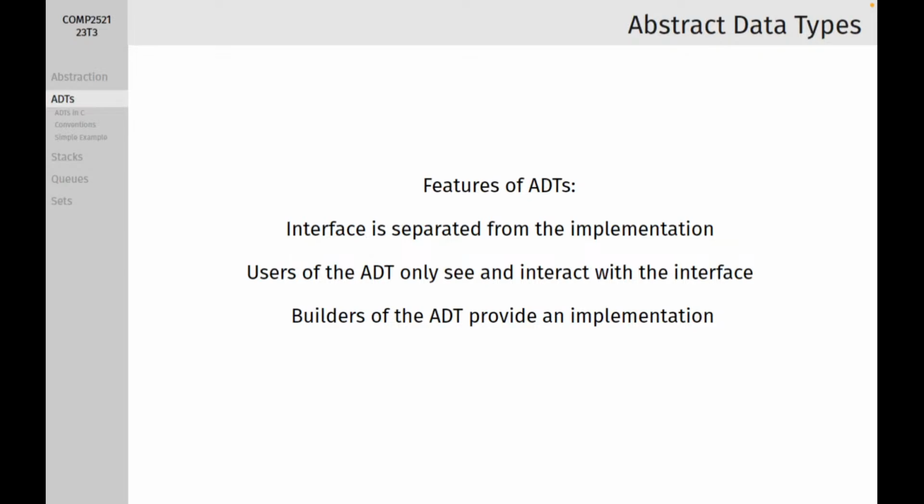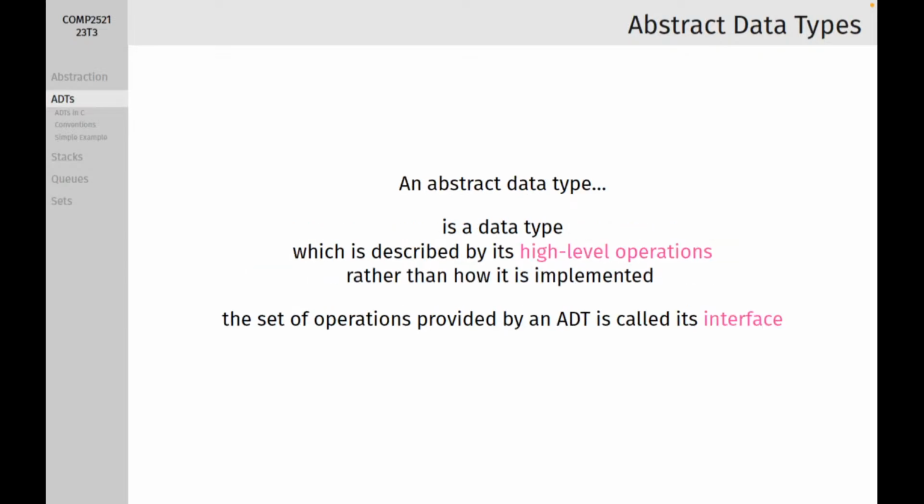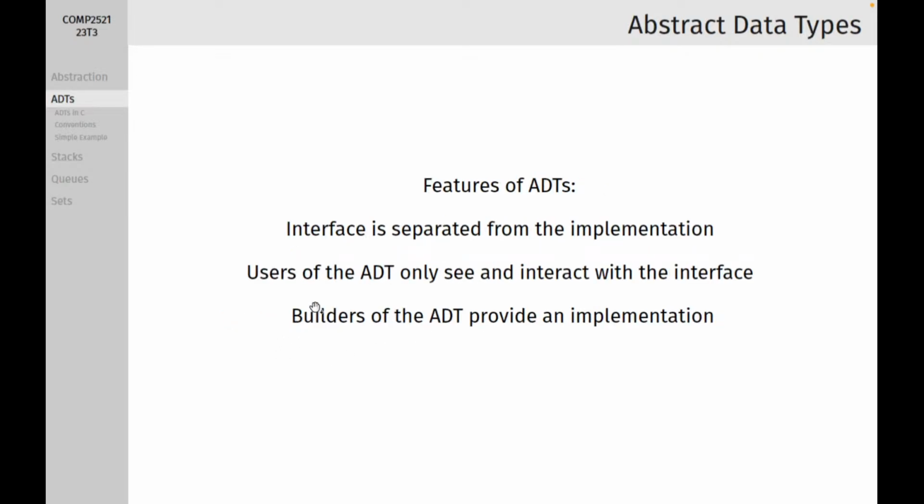Users of the ADT only see and interact with the interface, and builders of the ADT provide an implementation. So as a user, you only interact with the operations provided by the ADT. Meanwhile, the people who are actually responsible for building the ADT provide the implementation, for example, a car manufacturer.